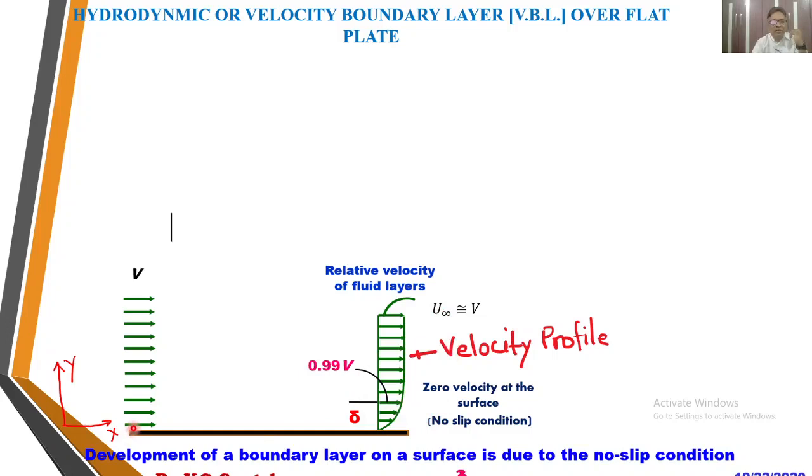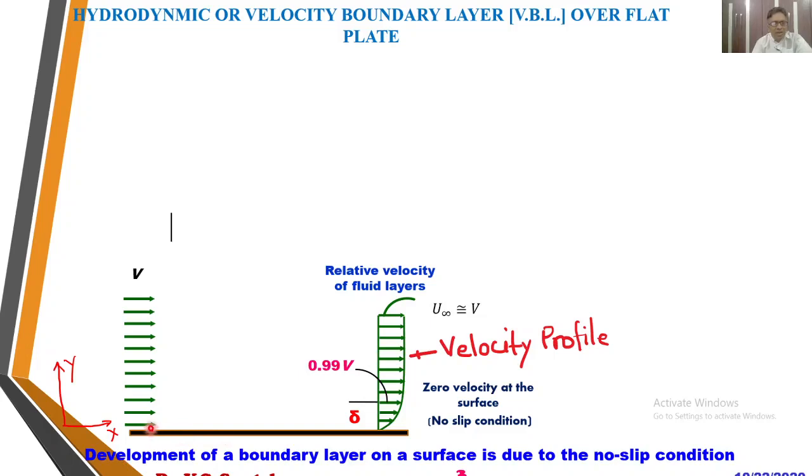Now, for the sake of analysis, the fluid is assumed to consist of adjacent layers that are piled on top of each other. So I will consider this fluid consisting of different layers flowing one over another with an approach velocity v.